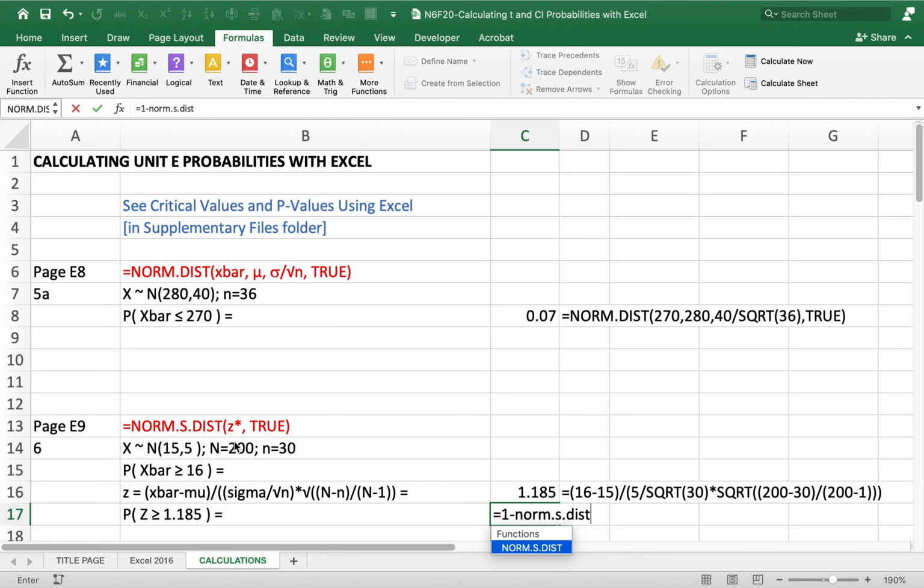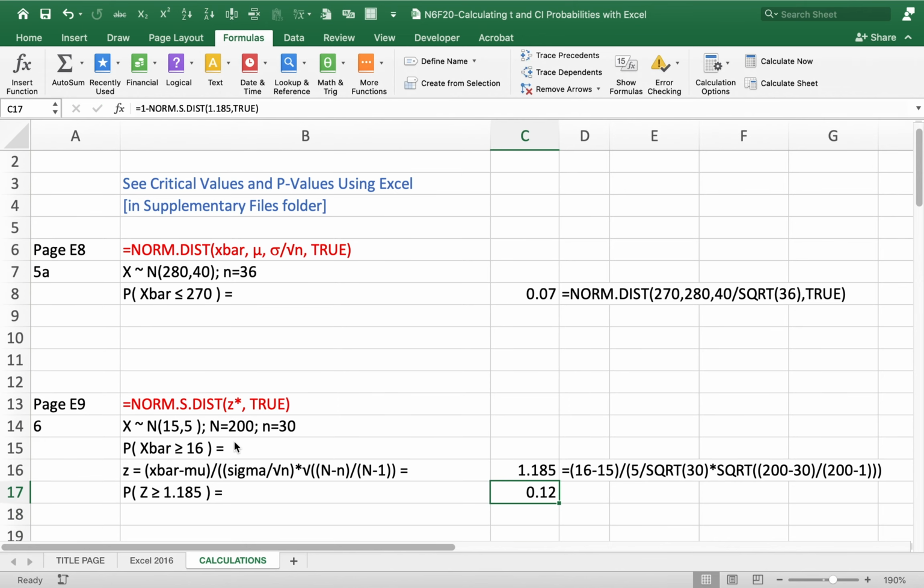and when I push my bracket, you can see it asks me for my z value. The z value is the 1.185 which we calculated, and then you still need to put in a true, and it should give us an answer of 12%, which was what we got when we did this by hand.